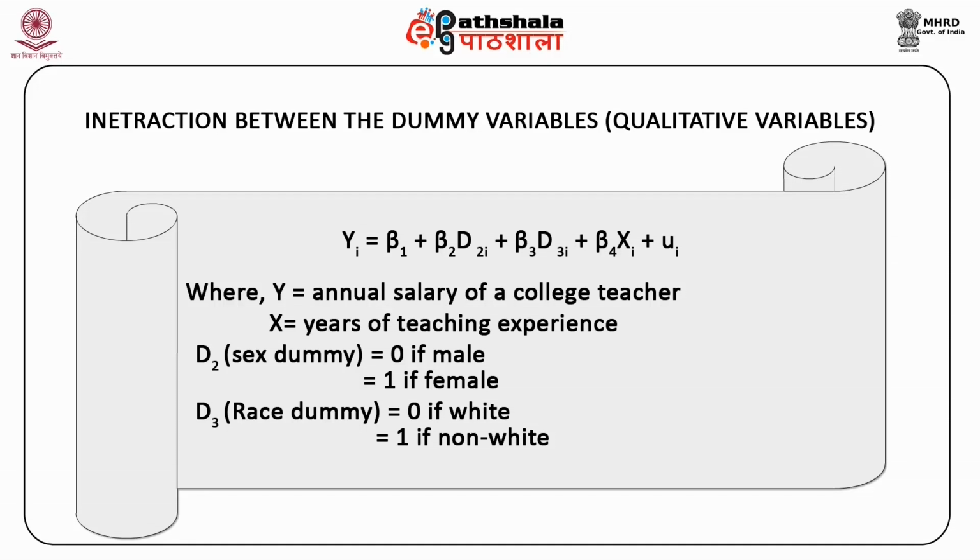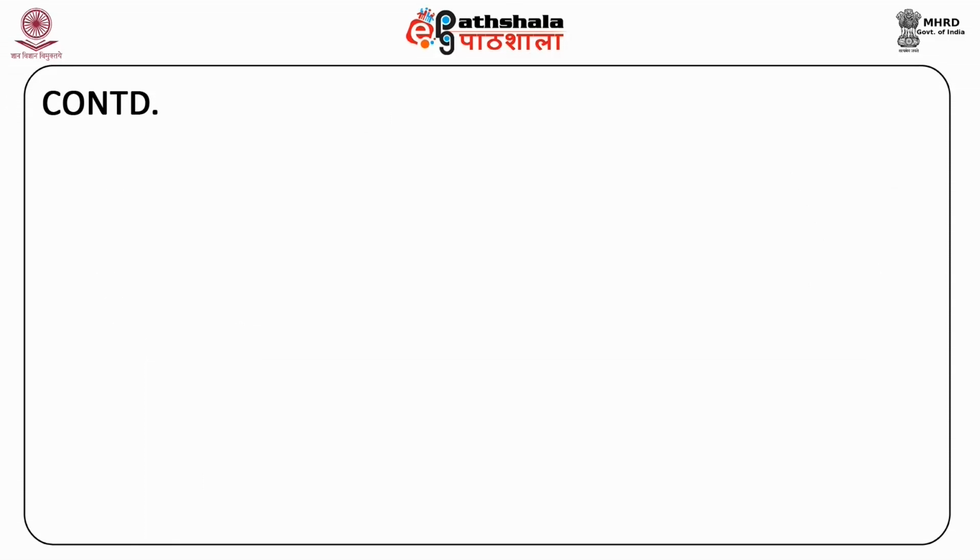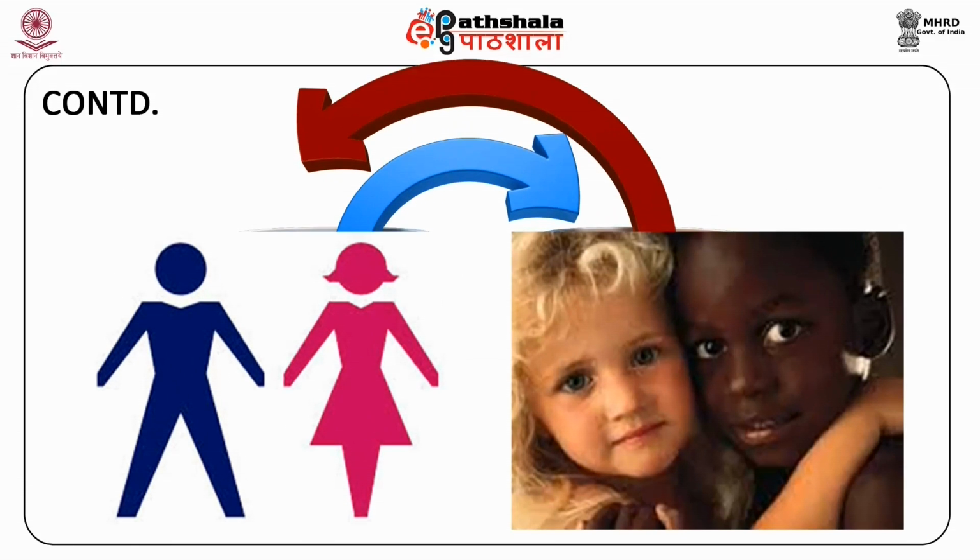Continuing with the same example, now we see how the interaction between two dummies can arise. Here, the two dummy variables, sex dummy and race dummy, interact with each other to have their joint effects on annual salary of a college teacher.